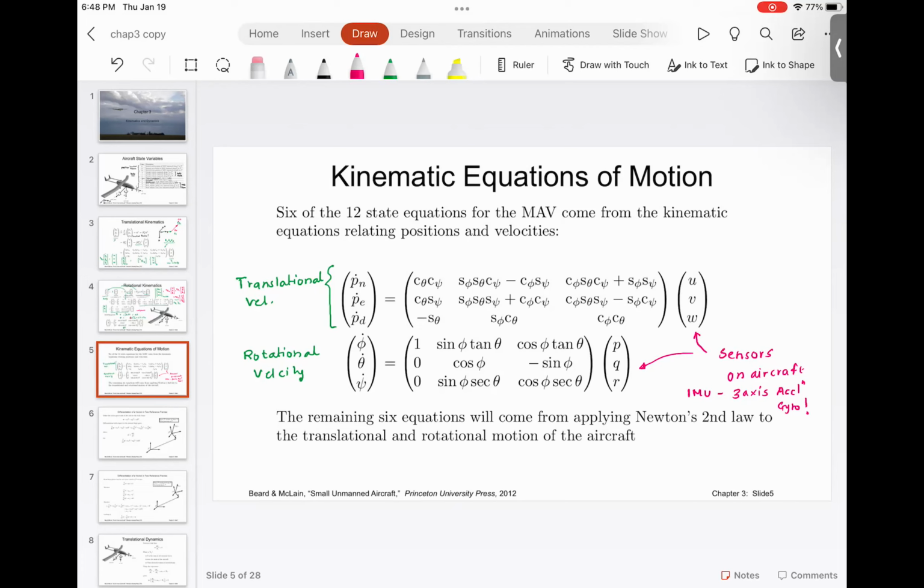Do you agree with me? This multiplication approach is valid because the time step is very, very small, something like 1/10,000 of a second. So you get some value of theta, some value of psi, and some value of phi from the previous time step. Do you agree with me?